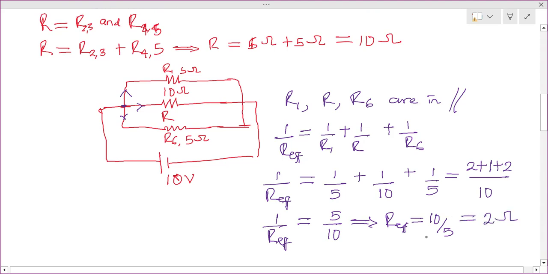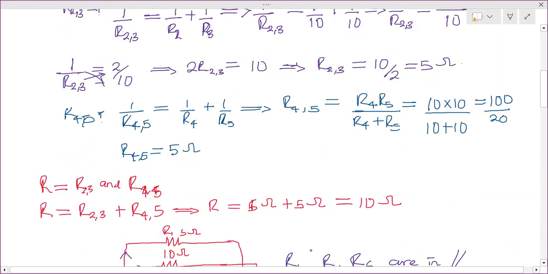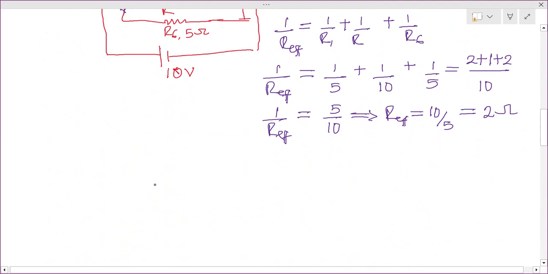So the effective resistance of the whole circuit, of all these resistors, is 2 ohms. Are we together? So I can rewrite my final circuit like this, as simple as this. Here is our R effective, and here is the 10 volt.